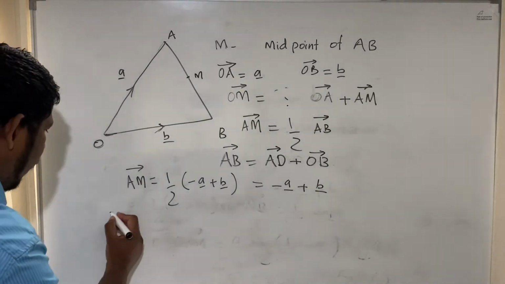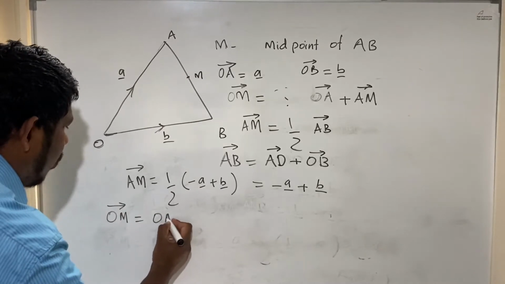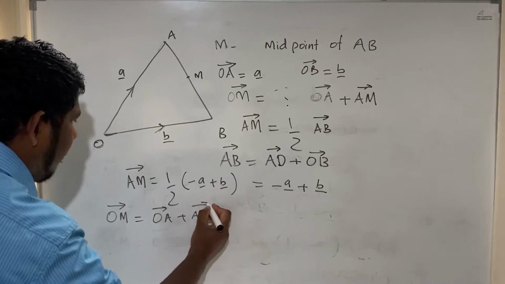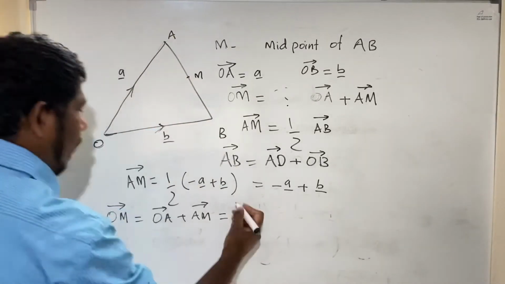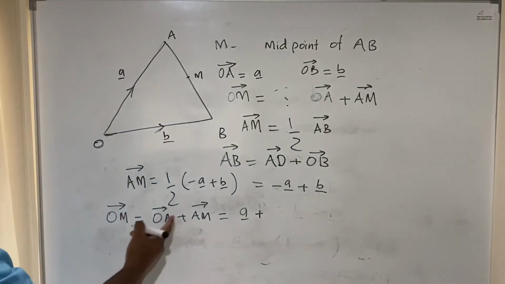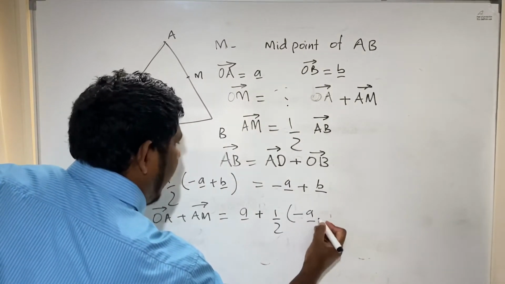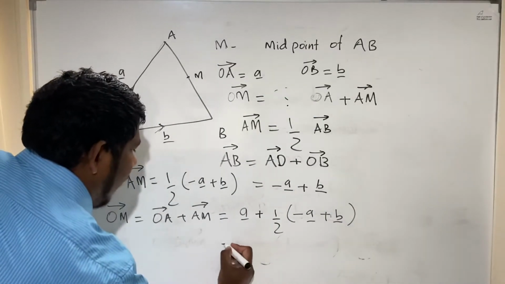Okay, now we can find what is the OM, it's vector O to A plus vector A to M. O to A is vector A plus A to M is half of minus vector A plus vector B. And now we have the answer.